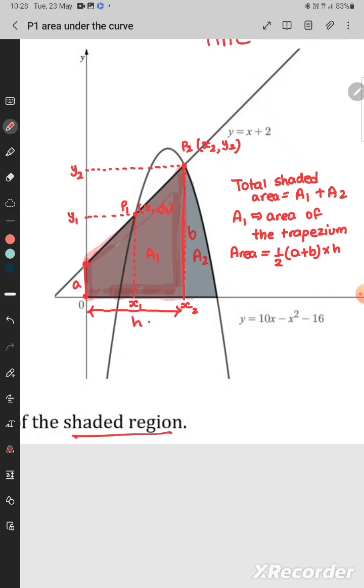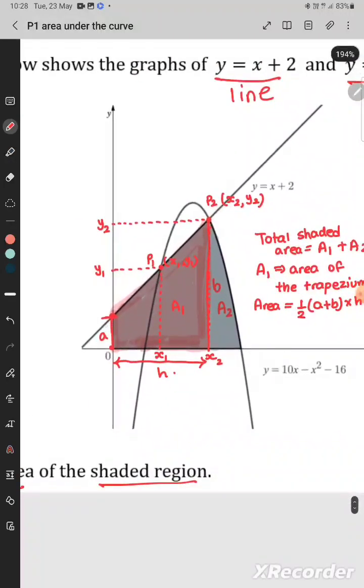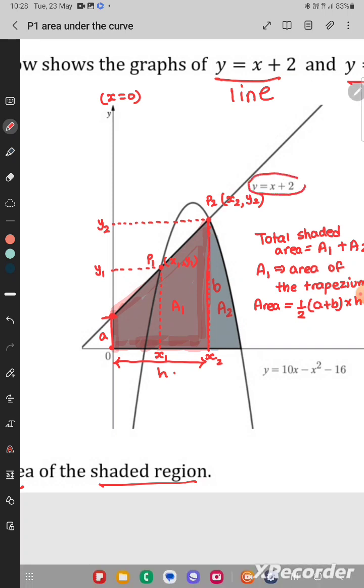So first let's find out this part. This is the point where the line is crossing the y-axis. So what is the y-axis equation? x equal to 0, because any point on the y-axis will have x coordinate as 0. The equation of the line is y equal to x plus 2.